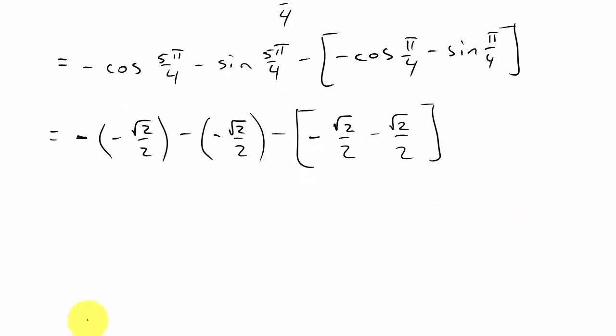Alright, and so this is going to give us square root of 2 over 2 plus square root of 2 over 2 minus, and I'll go ahead and combine these, that's going to be negative 2 square root of 2 over 2.